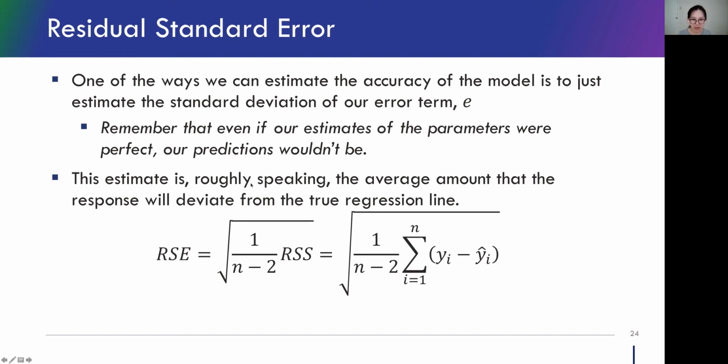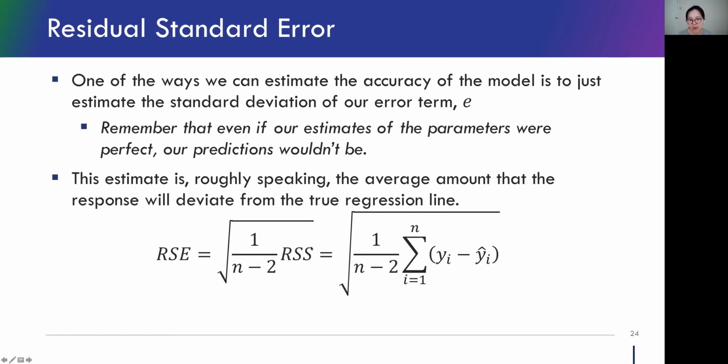This estimate is roughly speaking the average amount that the response will deviate from the true regression line. This is the residual standard error.